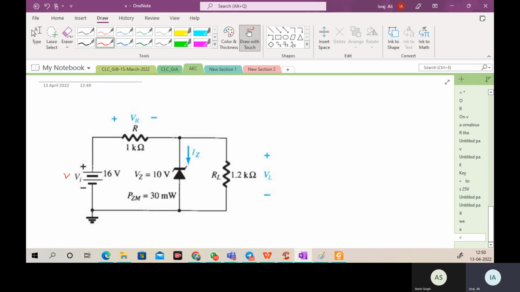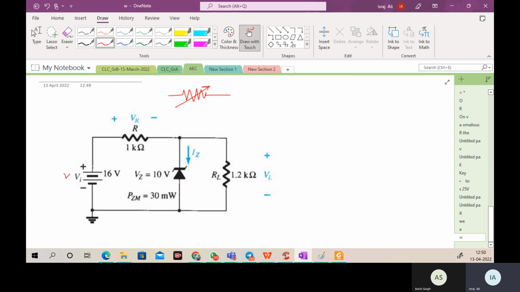Identify this symbol. What is that? Yes, you are correct. Sit down. This is a variable resistance.